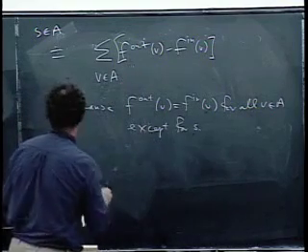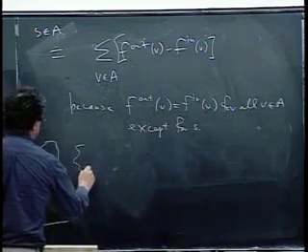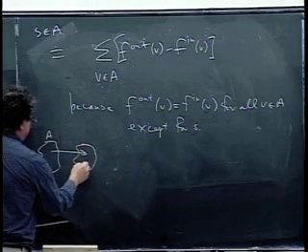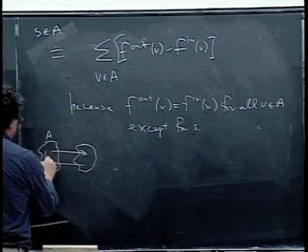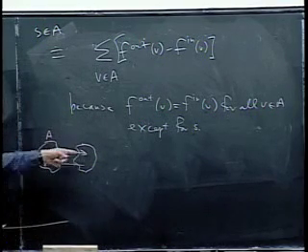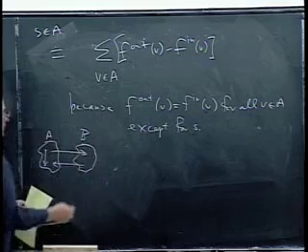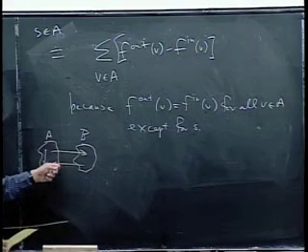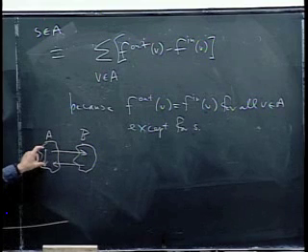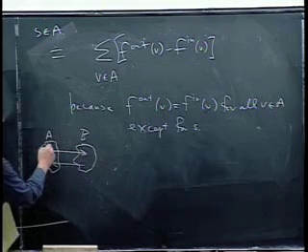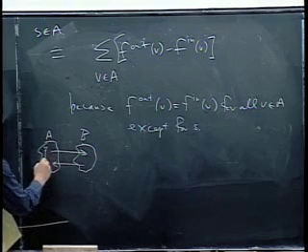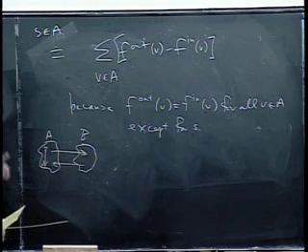And now, if you draw one of those little pictures, here's A. We have 3 kinds of edges with respect to A. We have edges that go out of A into B. We have edges that go from B into A. And we have edges that are strictly inside of A.